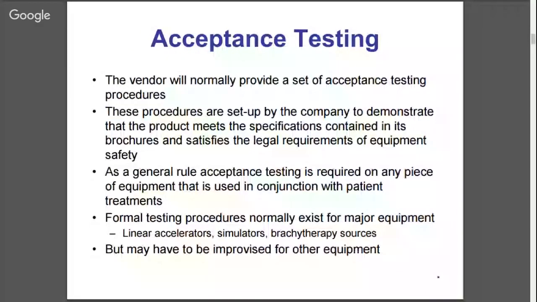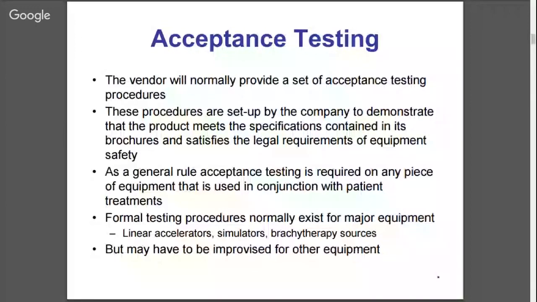So acceptance testing is something the vendor provides. They'll usually provide a set of procedures that they want you to go through. These procedures are set up by the manufacturer to demonstrate the product meets the specifications, both of its own specifications and also the legal requirements of equipment safety.